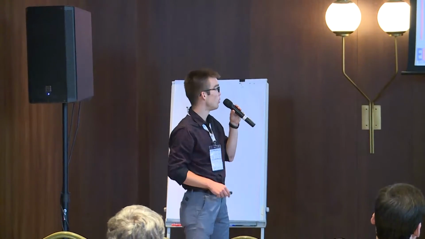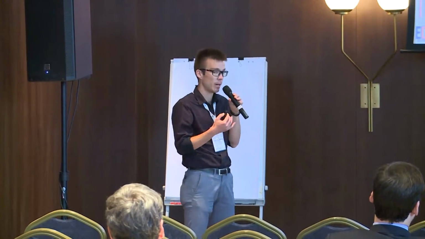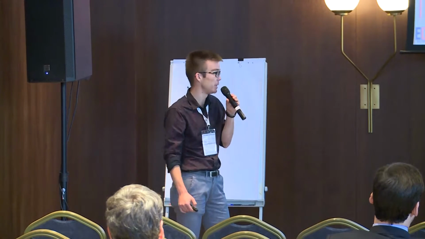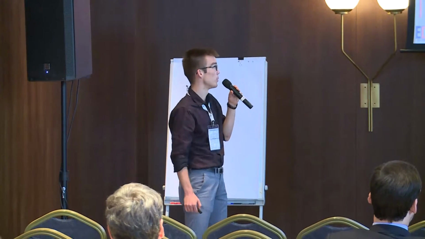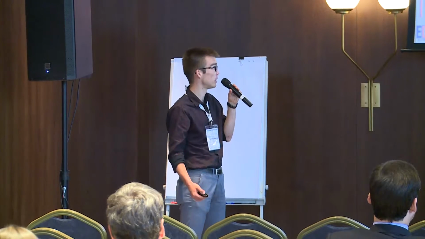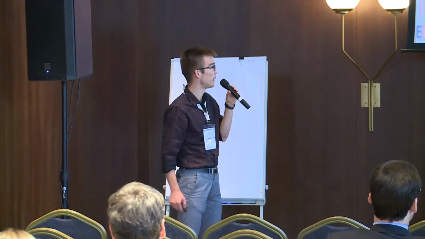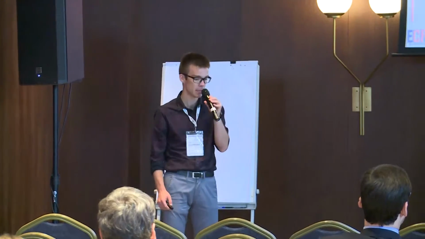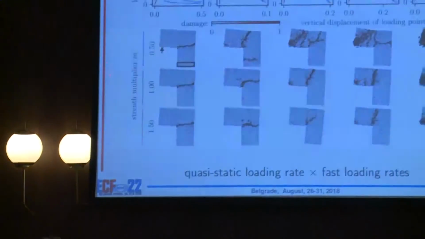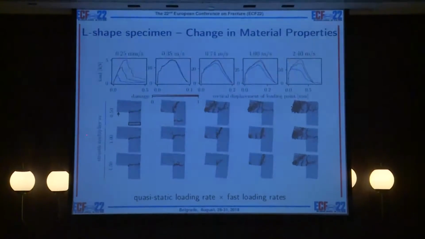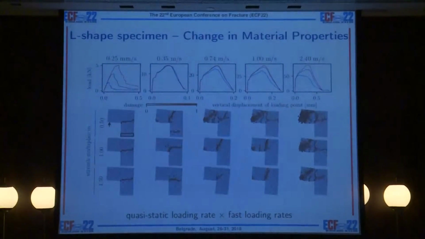But we wanted to know what part of this strain rate dependent behavior we can attribute to structural behavior or inertia effect, and what to the increased material resistance. So what happens if we change the strength of the material?